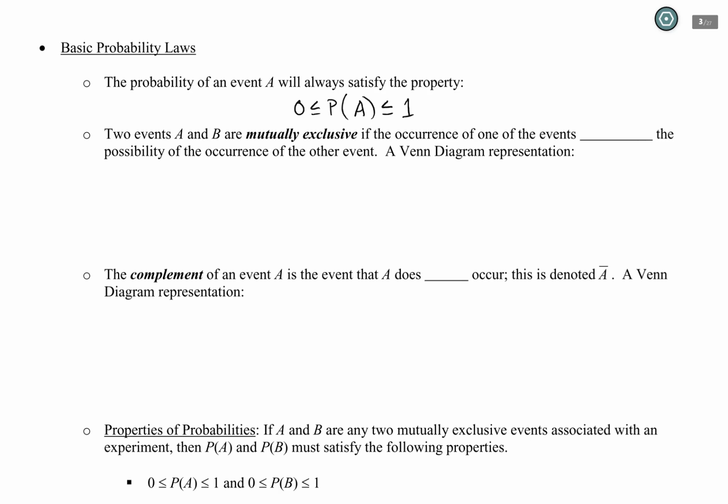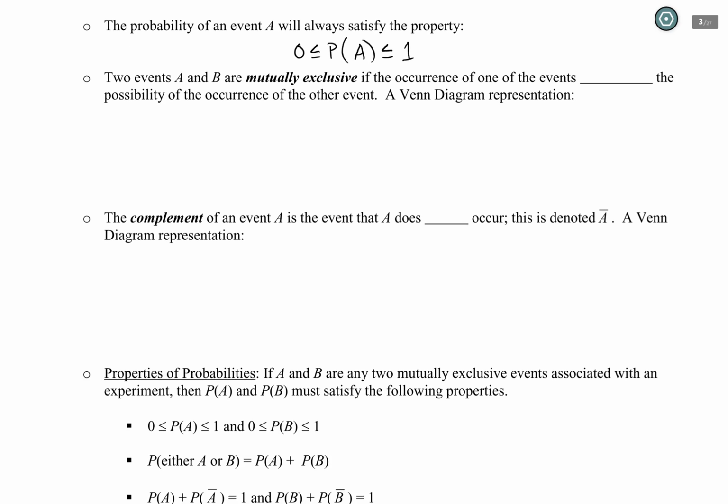Another term here is mutually exclusive. Events are mutually exclusive if the occurrence of one of the events excludes the possibility of the occurrence of the other event. So here's a Venn diagram of that, a picture.